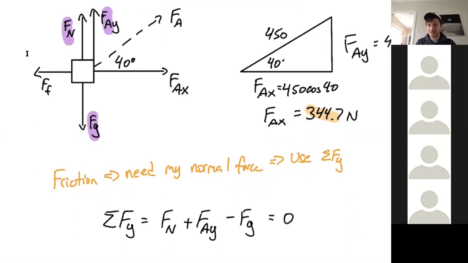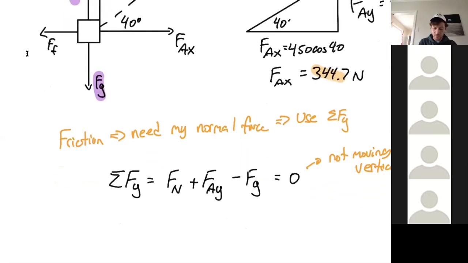The y direction is pretty much always equal to 0, unless the question's telling you the thing's moving upwards. It's equal to 0 since it's not moving vertically, right? It doesn't say that Noah is lifting Sam up off the sand, they're pulling across the sand. So there's no vertical motion, okay? Which means we can solve this to say that our normal force is Fg minus Fay.